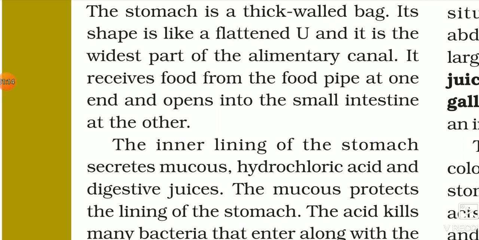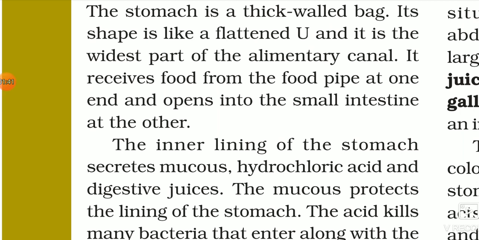The lining of the wall of the stomach secretes mucus, and the digestive juices are sent from the liver and gallbladder to the stomach. These digestive juices will break down the carbohydrates and proteins and fats present in our food into simpler substances.